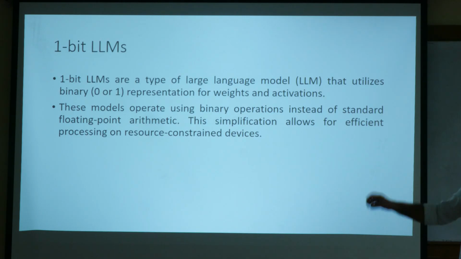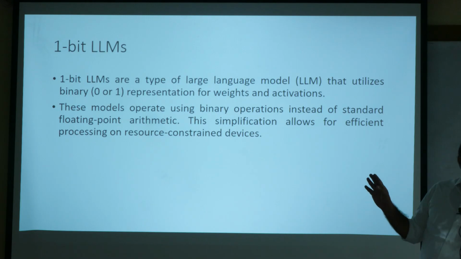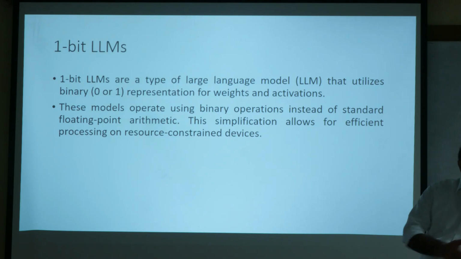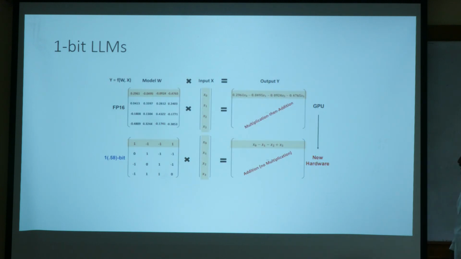Next, this is what we are trying to do. We are using the binary representation of weights and activation. We are not using the complete floating point arithmetic for the representation. And that reduces the heavy utility and computational cost on the hardware and the mathematics on the software side. So this is 1 bit LLM.